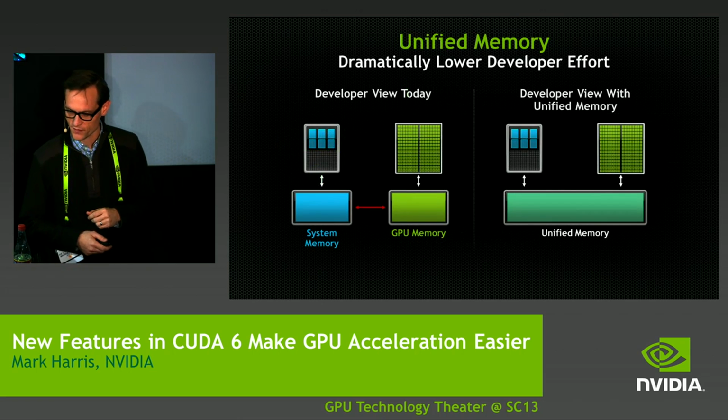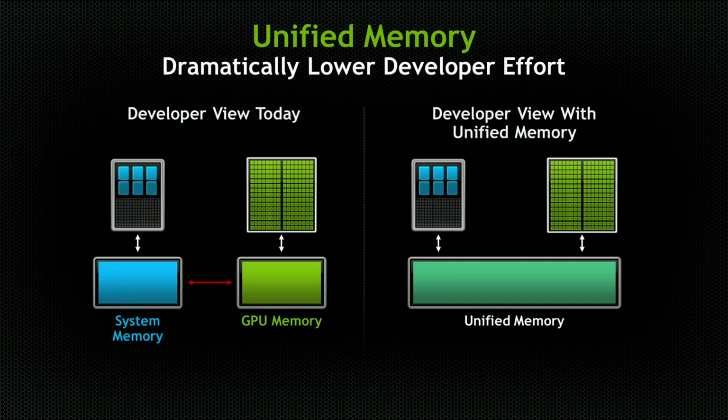So let's talk about unified memory. Today, in heterogeneous computing, you have two discrete processor types, and they each have their own physical memories. And so the programmer today sees exactly that. The programmer is responsible for allocating memory in both places and managing copies explicitly between those.